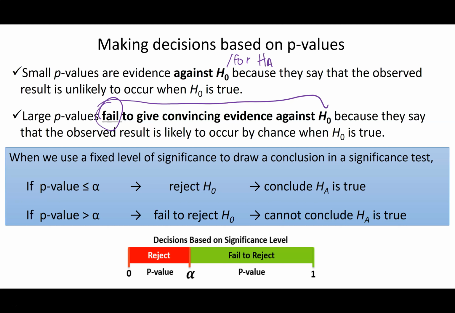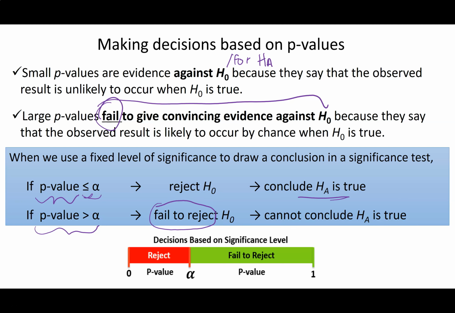So here, if your p-value ends up being less than or equal to your significance level, you're going to reject the null and conclude, okay, we believe that the alternative is true. If you have a big p-value and it's bigger than your significance level, we fail to reject. It's weird language, but we're going to say we fail to reject.